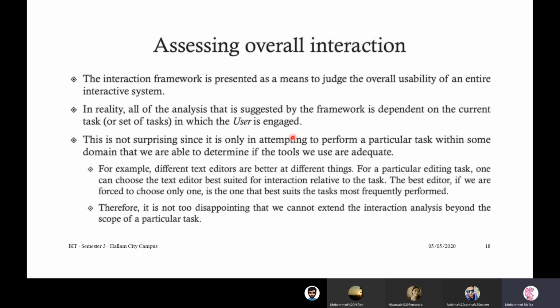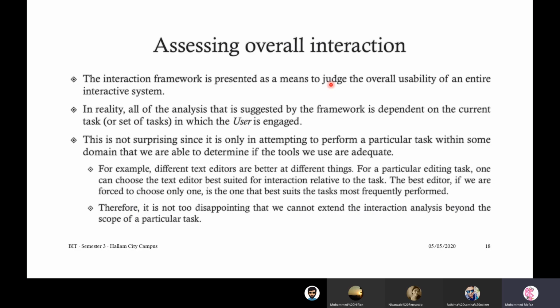Okay, so to again wrap up what we learned today, we learned about interaction, the user interaction framework. So two models we learned. One is the Don Norman's model. That is one way of understanding interaction.